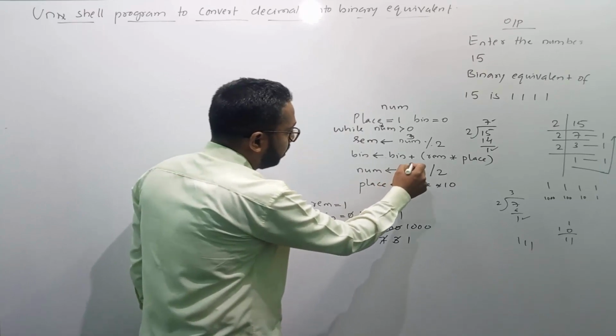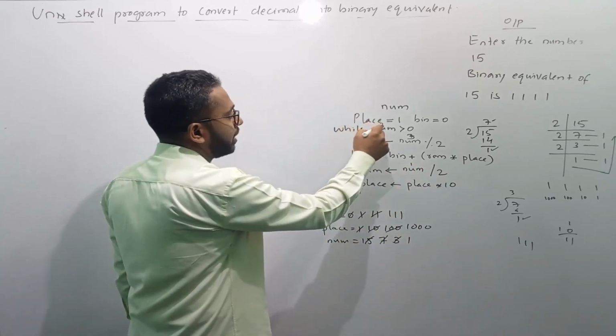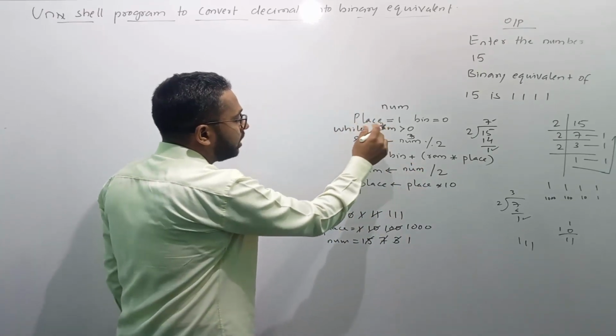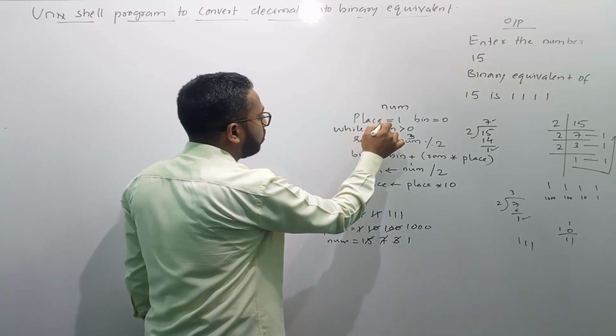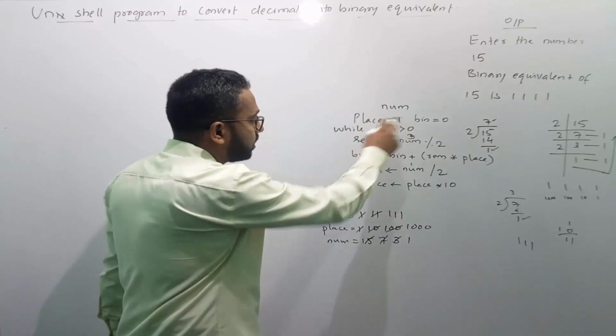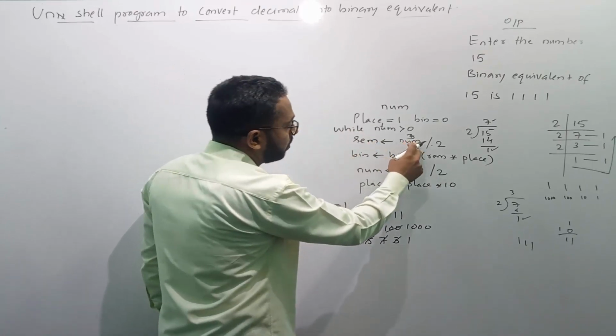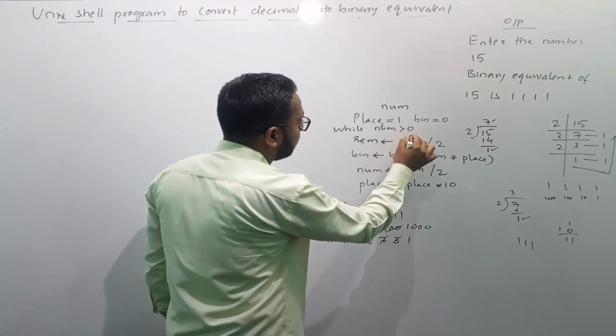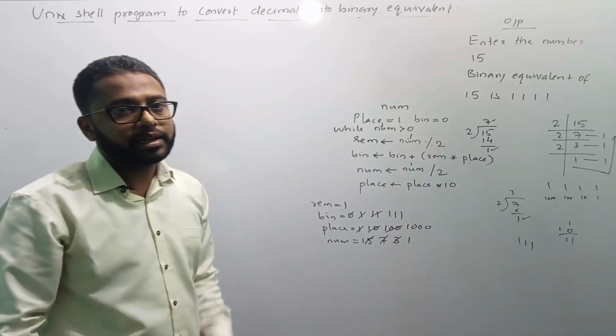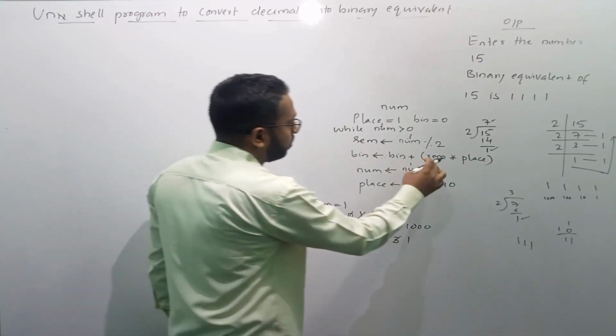Next, num value is 1 now, so again control goes back to the while, where the num value is 1. 1 is greater than 0, the condition becomes true, and control comes inside the while loop to perform this task. Now 1 mod 2, and we get 1 as the remainder.